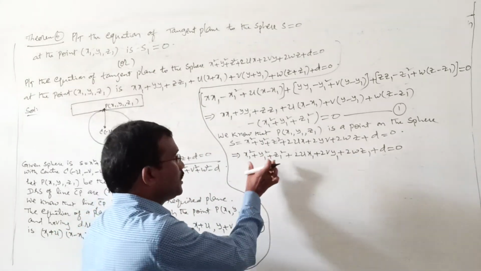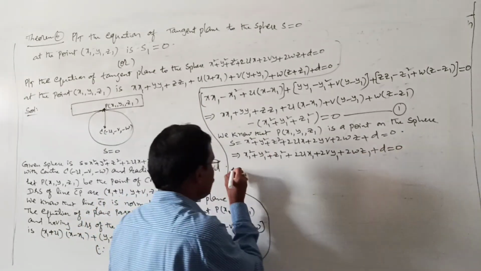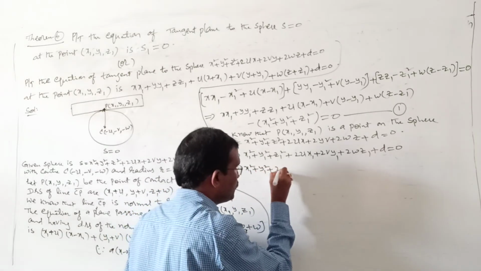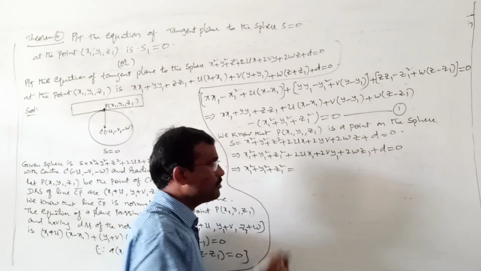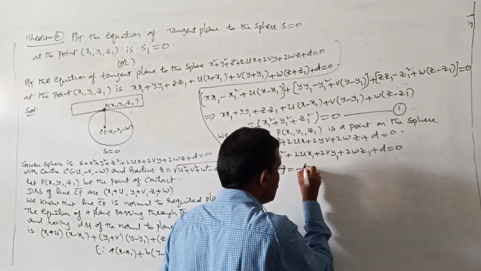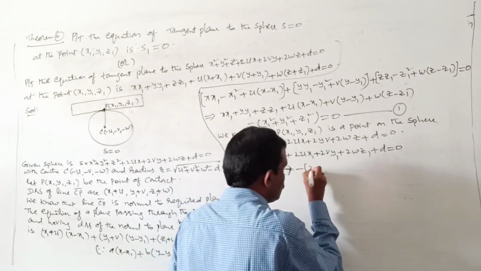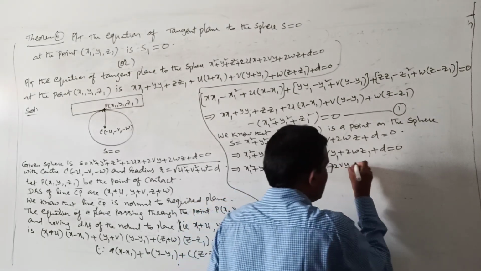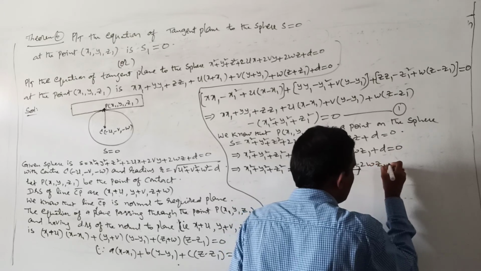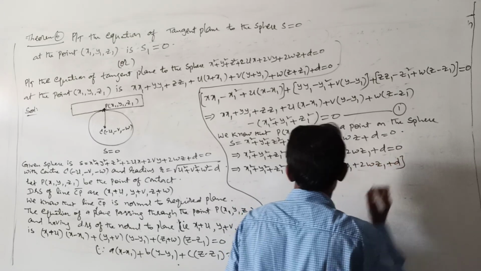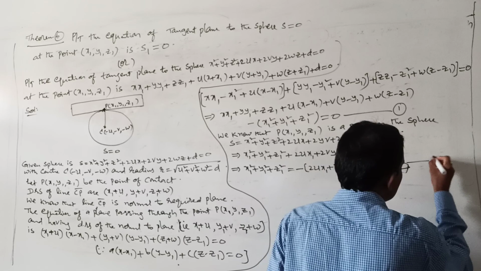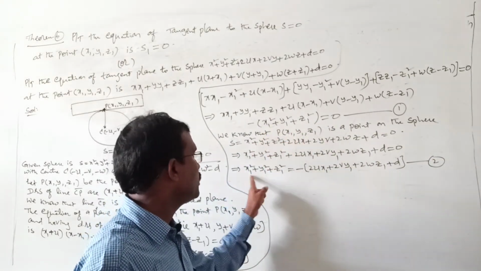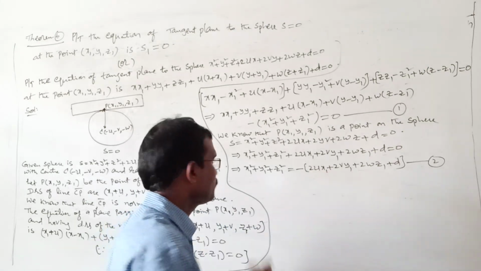In the next step, keep this as it is, take this to the other side. I mean, I am going to write x1 square plus y1 square plus z1 square on the left side, and all remaining terms I take to the other side. That's why I am writing minus of (2ux1 plus 2vy1 plus 2wz1 plus d). Let this be number 2. Now substitute 2 in 1, especially this part replace with this part, right?